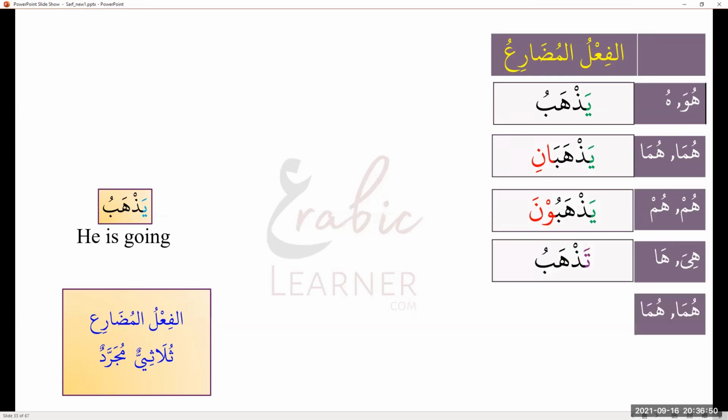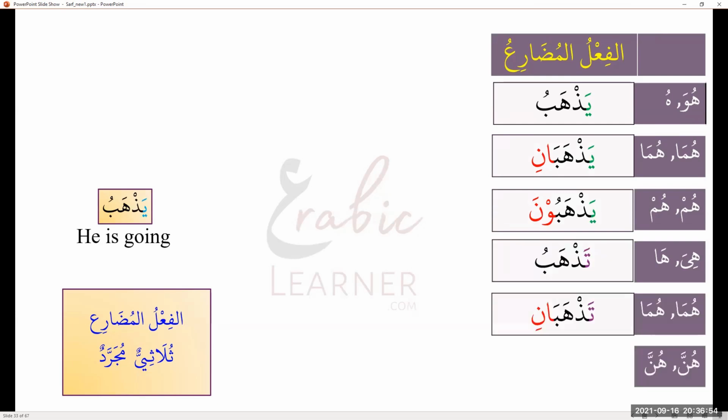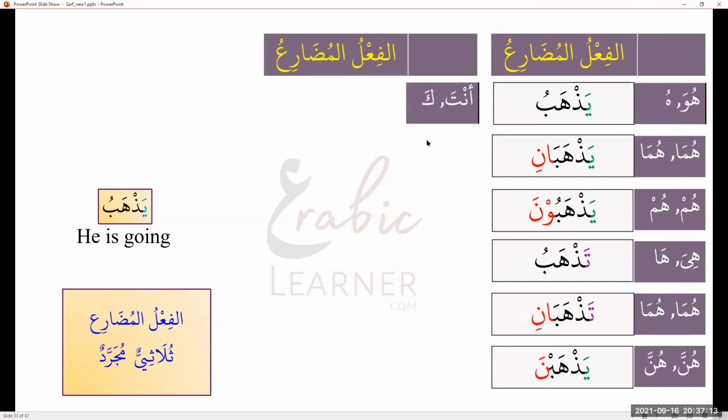Tadhabu, good. This Huma version, Tadhabani, good. What about the Hunna version? Yadhaba? No, no, no. Yadhabna, not Yadhaba. Yes, Yadhabna. Good. Now Anta version.